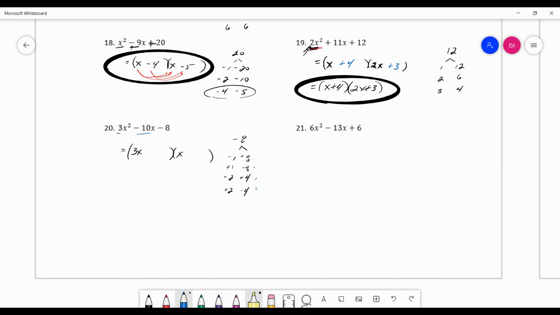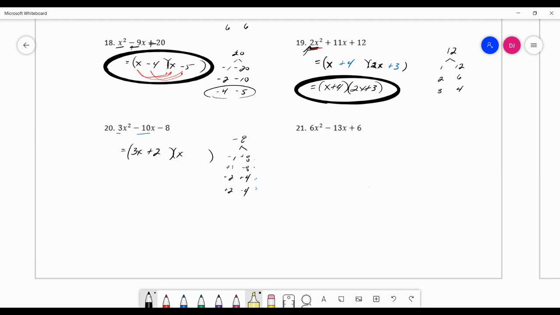So let's just try the negative 2 and the positive 4. If we expand that, here's a positive 12x and a negative 2x. That's a 10x. I got 10x, but I want a negative 10x. That's a really good clue that what you should probably do is just change the sign on each of those.